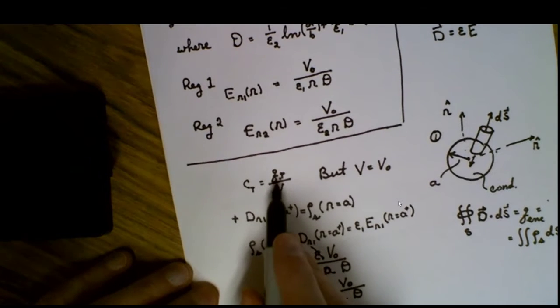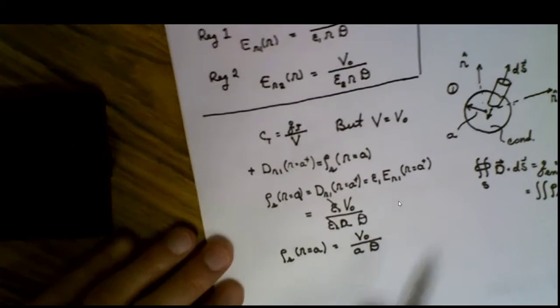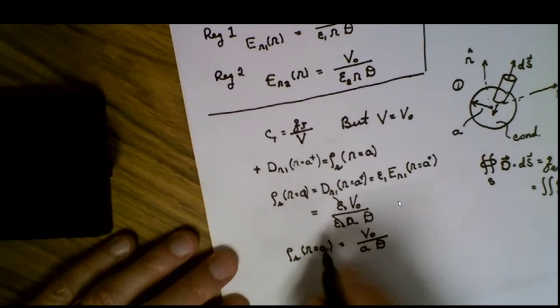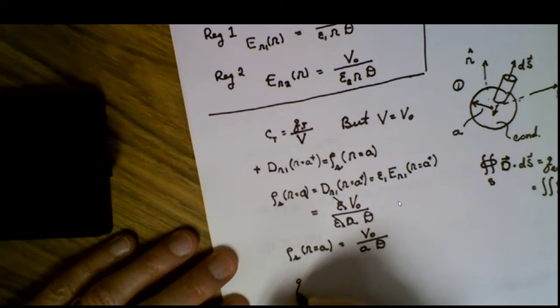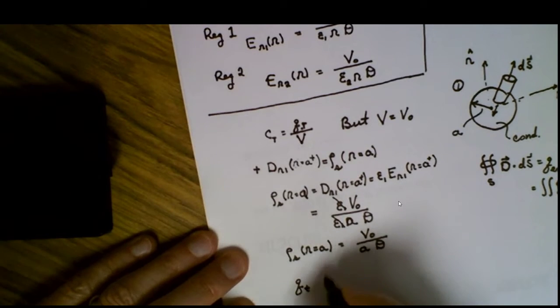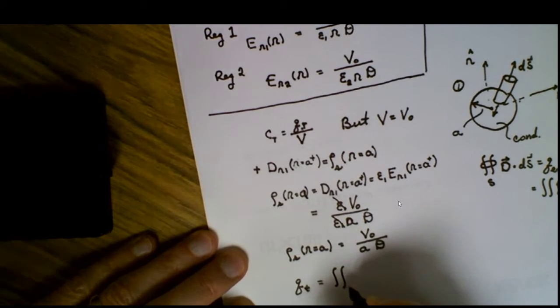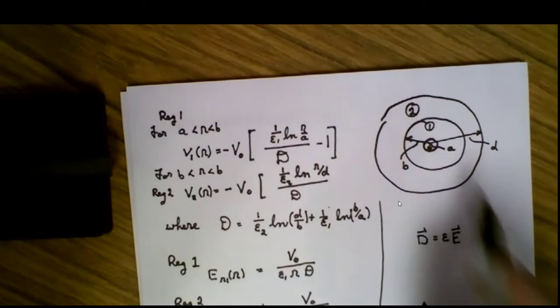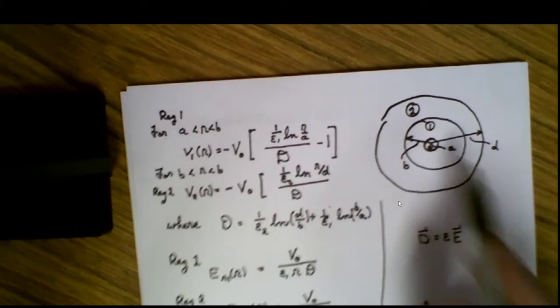If we go back to our recipe, we need the total charge. Consequently, the total charge, Q of T, on the inner conductor is going to be equal to evaluating our surface charge density along the surface of that inside conductor.